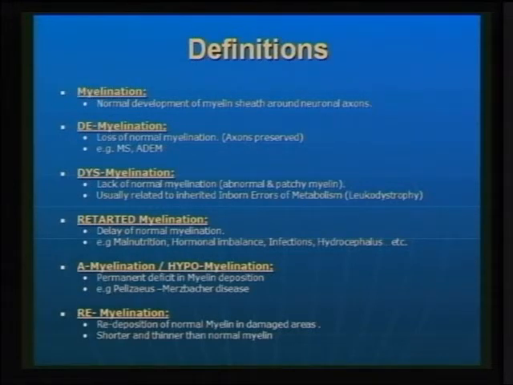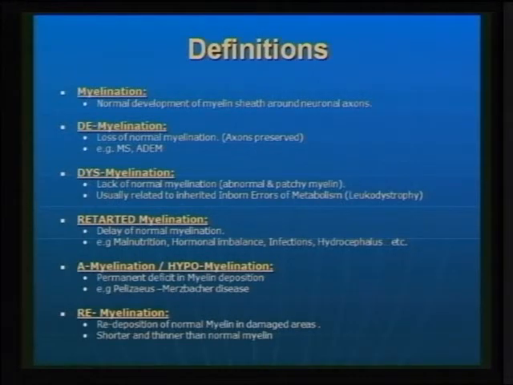Amyelination or hypomyelination is lack of myelin or too little myelin. The amount of myelin is little, and that's a permanent deficiency. It remains normal myelin, but less than what is normally required.